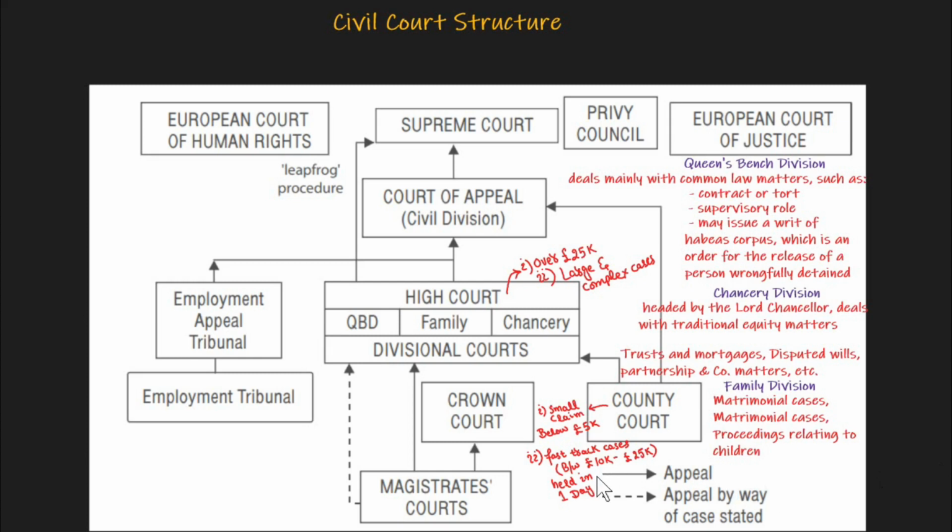Okay, so we have seen the meaning of these signs, and we are also familiar with the Supreme Court, European courts, Privy Council and Court of Appeal. And here in the High Court we have three divisions: Queen's Bench Division, Family Division and Chancery Division. Let's see some of their roles.